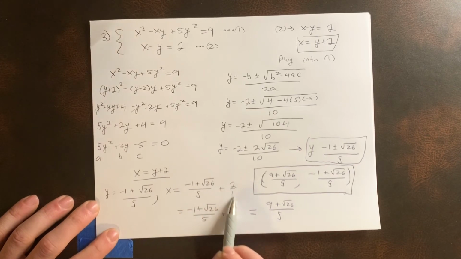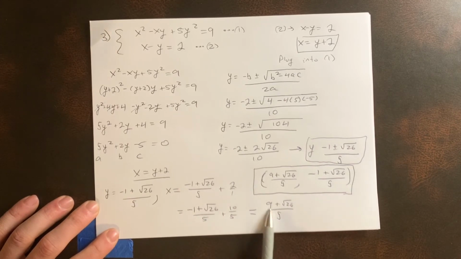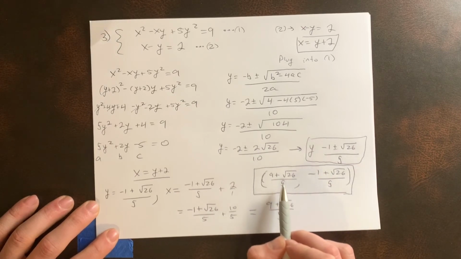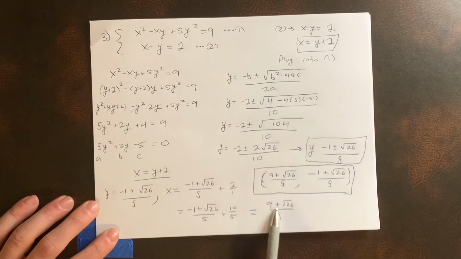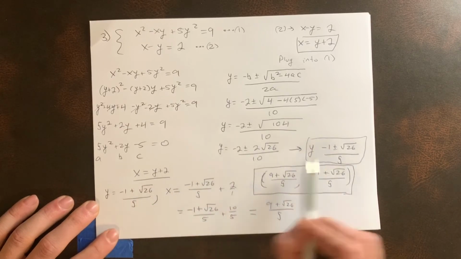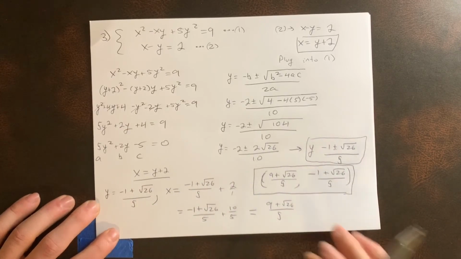So really we're doing 2 divided by 1. We get our common denominator, which is 5. Combine these two fractions and we get this number. 9 plus the square root of 26 over 5. And so then we see that our point is the x value we just found, comma the y value, and here's the y value. So now we need to do that same thing, but instead of using y as the plus version, we have to use y as the minus version.